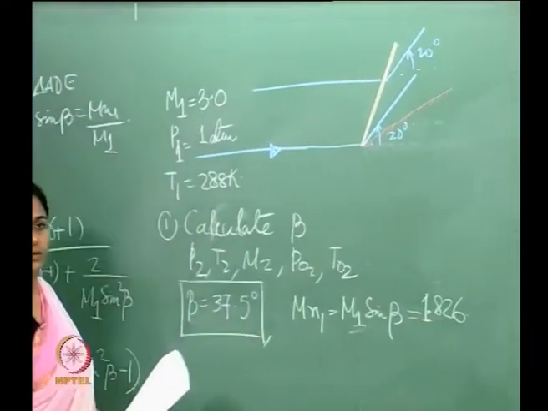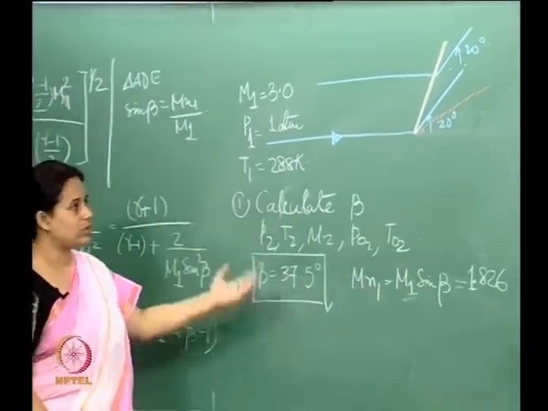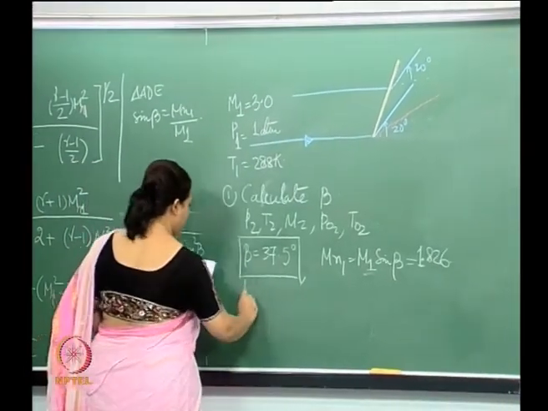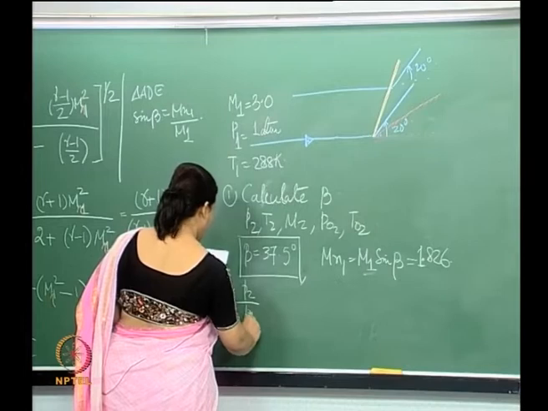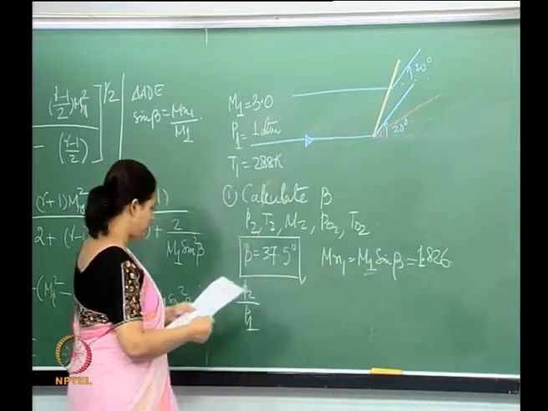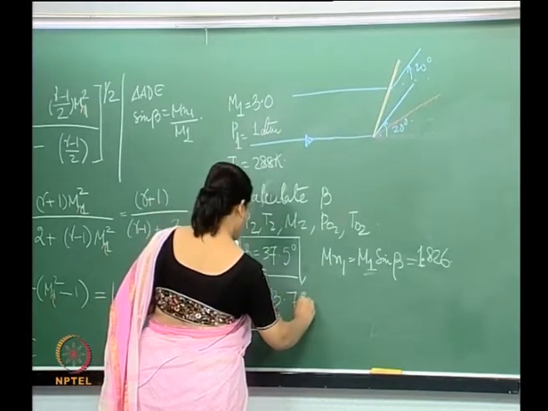So Mn1. Okay. Now corresponding to this Mn1, from the charts and the tables, we will go back to the normal shock tables. If I do that, then P2 by P1 is 3.723.